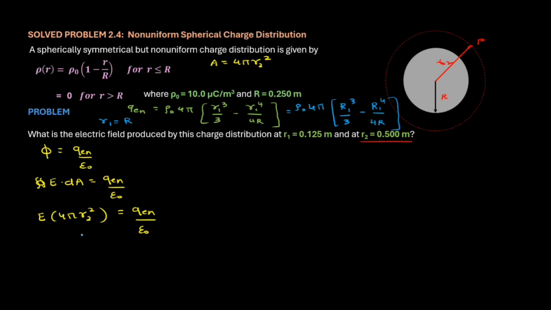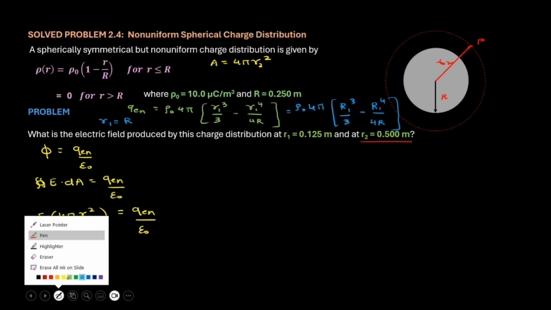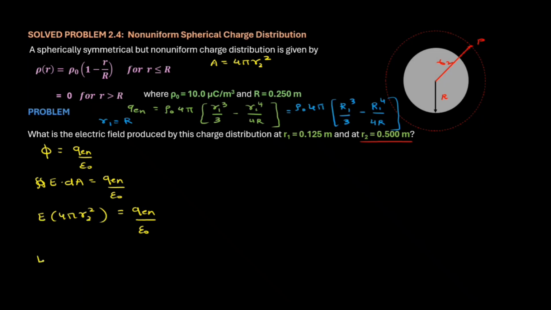Now let's substitute that here in our expression for E. I will write E equals charge enclosed over 4 pi R2 squared epsilon naught. Substitute for charge enclosed as rho naught 4 pi (R cube by 3 minus R to the power 4 over 4R) over 4 pi r2 squared epsilon naught.